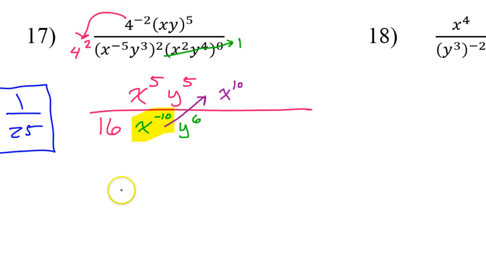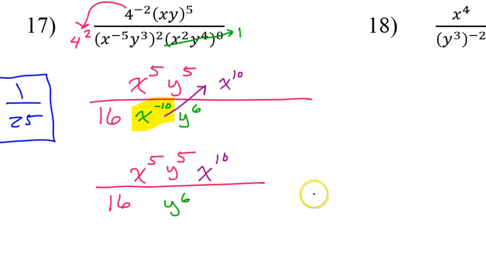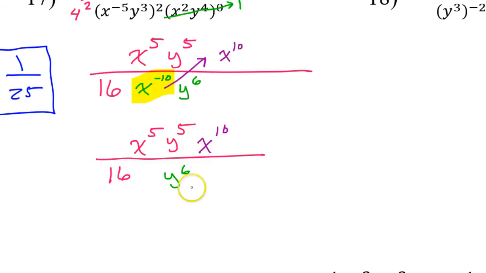So recopying what I already had in the first place, I had my x to the 5th power and my y to the 5th power and my 16 and I had this y to the 6th power, but this x to the negative 10th power is going to go up. And so I've got x to the 10th power up there now. All right, so now I have this.